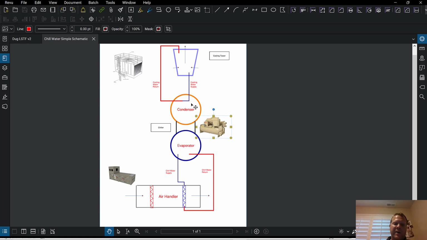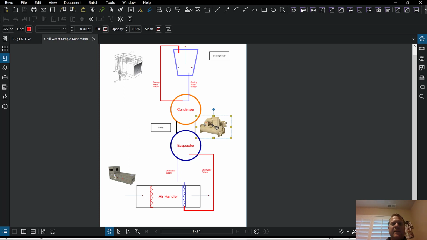Because how are we going to make this condensing side work? We also need to be able to put the chill water somewhere and lose that and make that chill water come back hotter. So we need what's called a load. So we need at a minimum an air handler operational, the cooling tower operational before we can make the chiller fully operational.